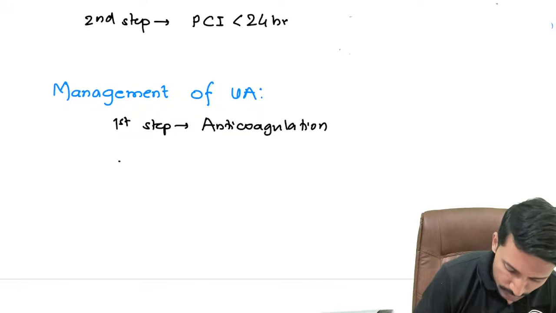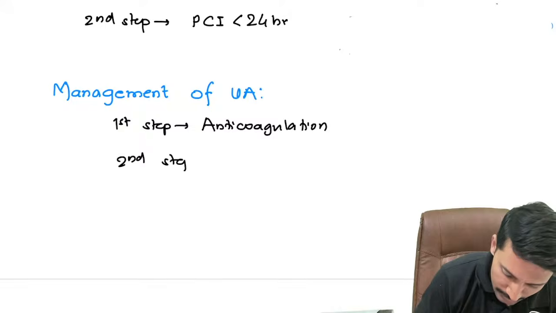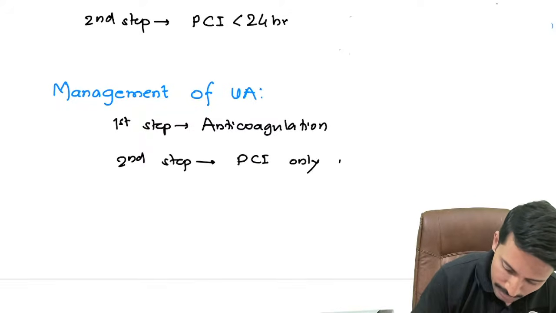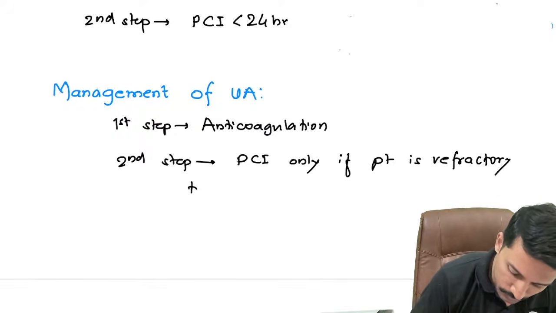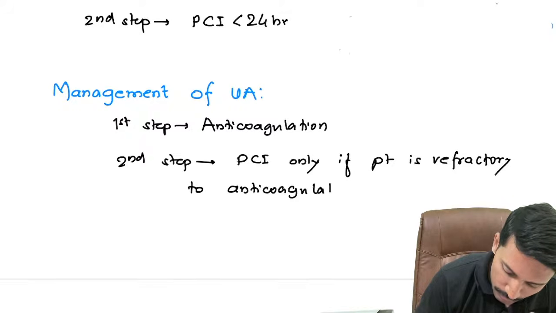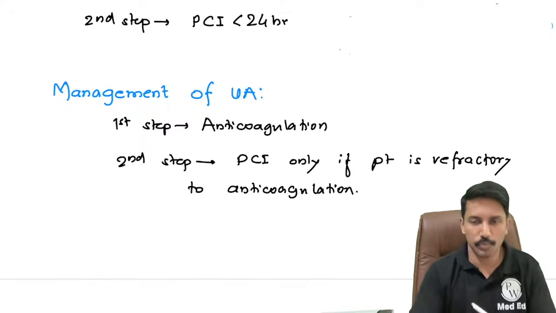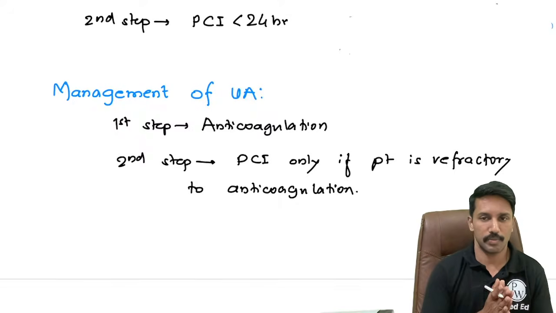But the second step, that is PCI, is done only if the patient is refractory to anticoagulation. Means despite anticoagulation, the patient continues to have chest pain, then only we do angioplasty for the unstable angina patient.